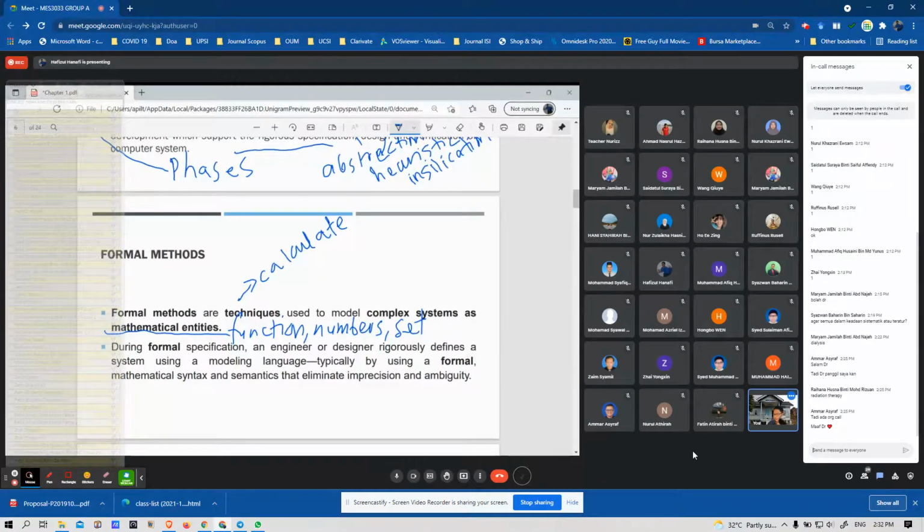You need to define mathematical entities. Later, we are inventing the mathematical theories. What are the mathematical representations?